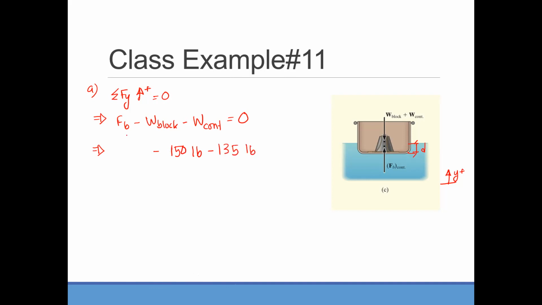Now we don't know the buoyant force, but we know that buoyant force is the weight of the displaced fluid. So this amount of fluid for that 6 feet is actually being displaced, right?